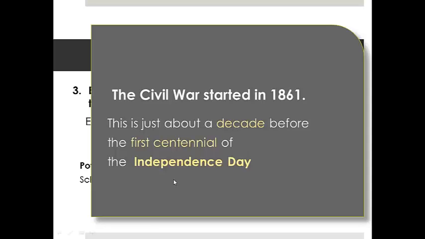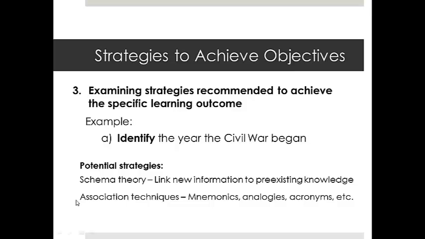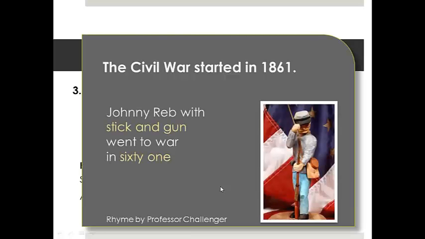So let's keep looking for instructional strategies related to verbal information that might be a little bit more effective. And we have the association techniques like mnemonics, analogies, acronyms, etc. So we could try using a rhyme as a mnemonic technique. Johnny Reb with stick and gun went to war in 61.